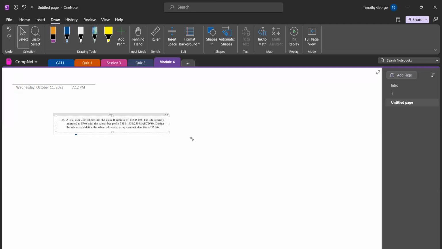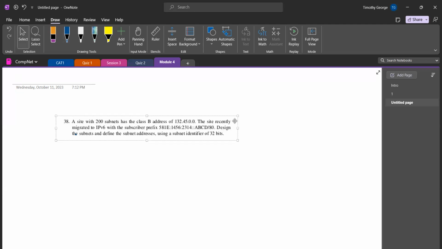We can see from the address, and it's also given as IPv6. You're given 200 subnets, a class B address of this. So this is an IPv4. The site recently moved to IPv6 with this address. Design the subnets and define subnet addresses using a subnet identifier of 32 bits.